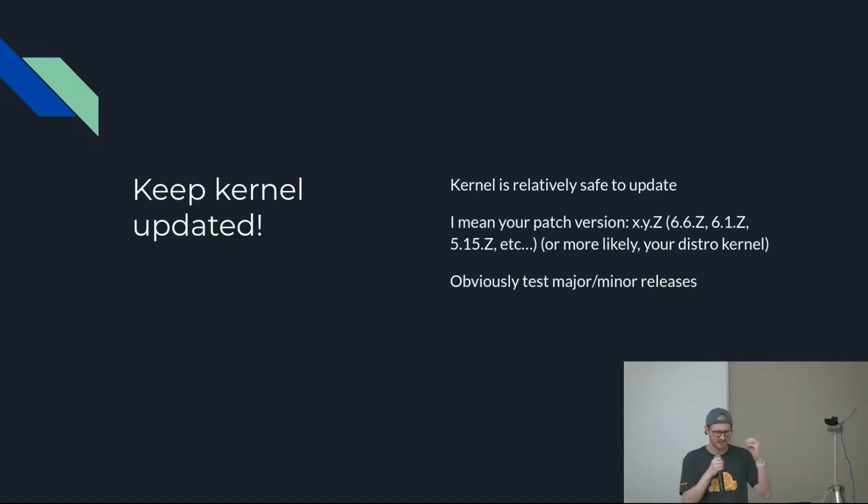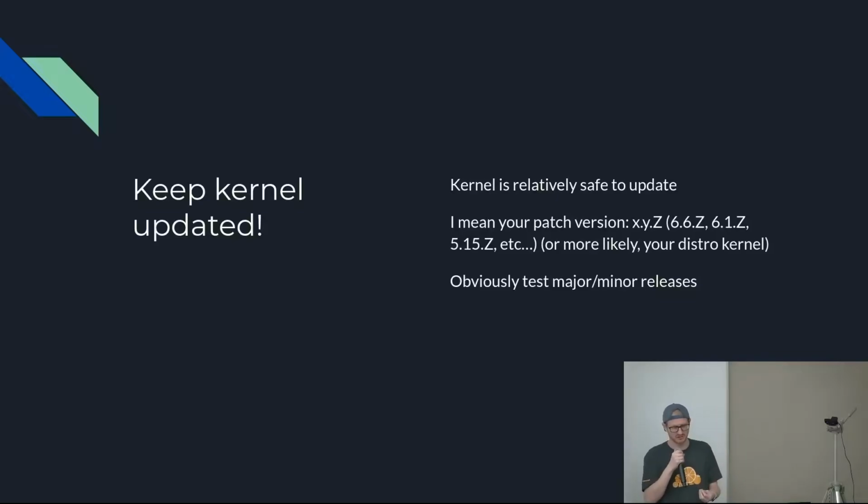Now, if you try to go to major releases, in this case jumping from 5.15 to say 6.1, there's going to be a lot more features added to the kernel. The way the patching system works is anything represented by Z here on this slide essentially means that no new features are introduced in the kernel.